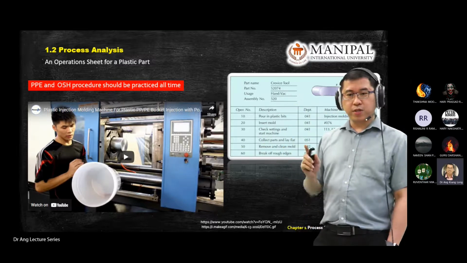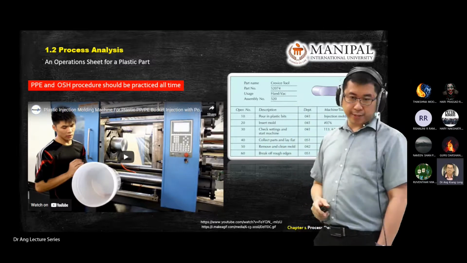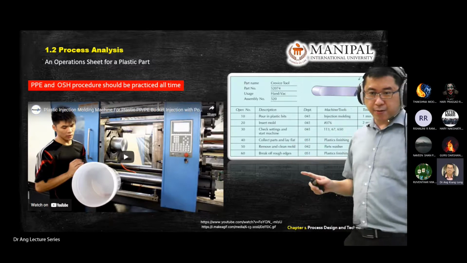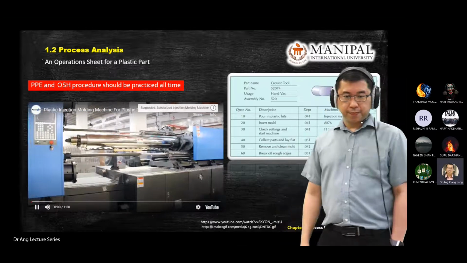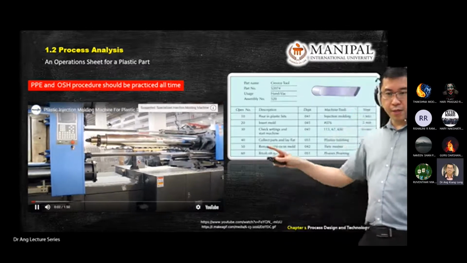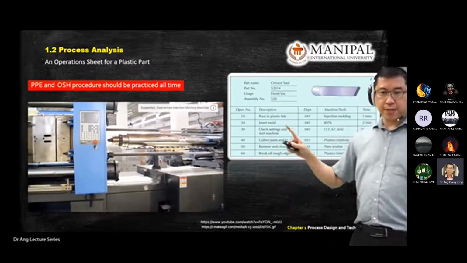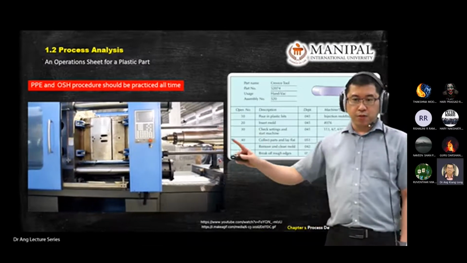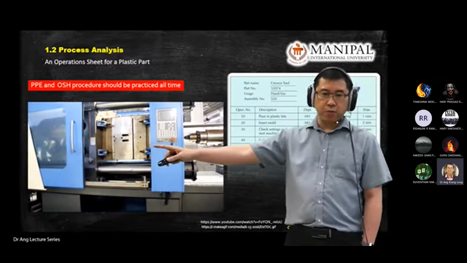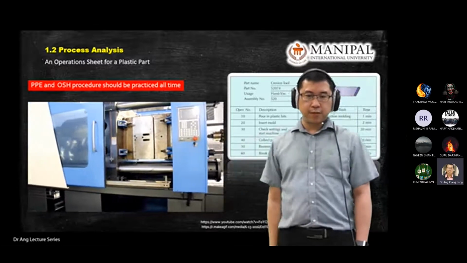try to see whether you can identify the process. For example, the one inside here. So you see the injection parts just now in the photo. So injection, and then there's a molding inside this chamber.